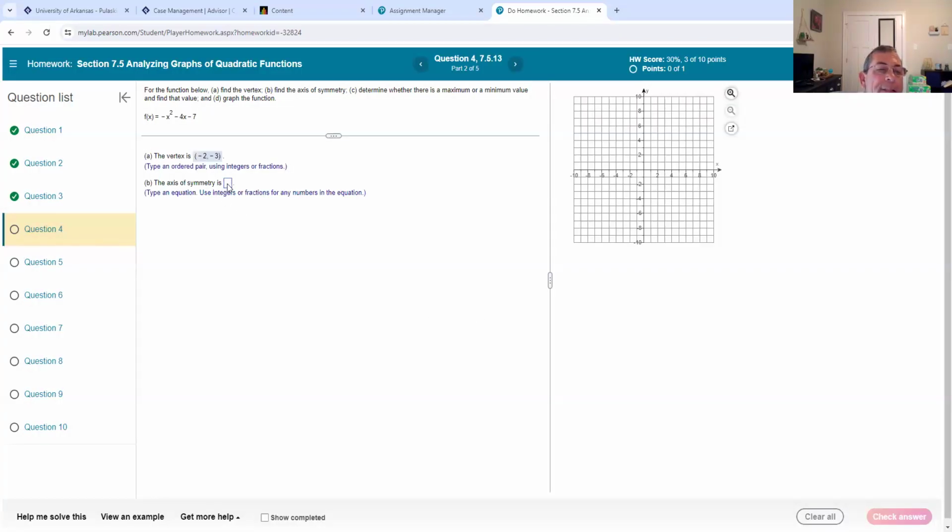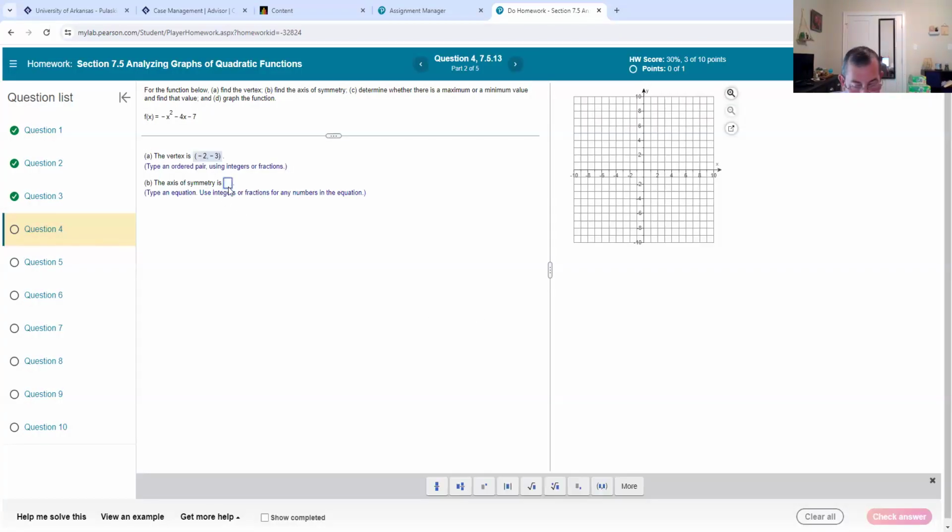All right, so it's wanting my axis of symmetry. Oh, y'all are so close. Let's see. All right, Nat, you got it right there. You got to have an equation, y'all remember. So that's got to be x equals negative 2.